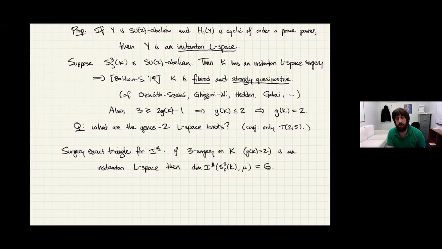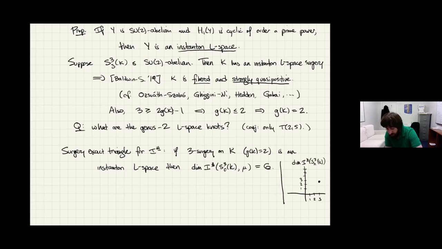The dimension of this is 6. You start with 3 surgery, you're at dimension 3. Maybe I can just draw a little graph of how it's supposed to behave. So dimension of I sharp of n surgery on K. And what we know essentially is that if 3 surgery on our genus 2 knot is an L space, then it has dimension 3, and you keep applying the surgery triangle over and over again, and the dimension just keeps going up.